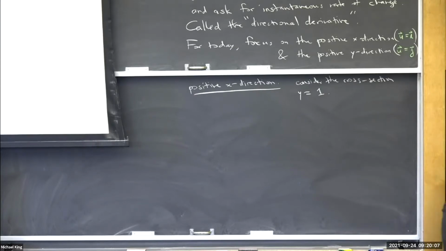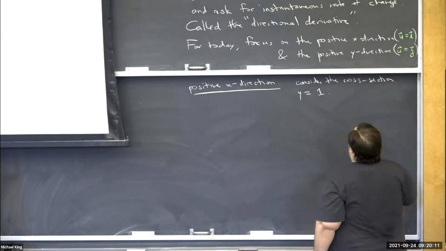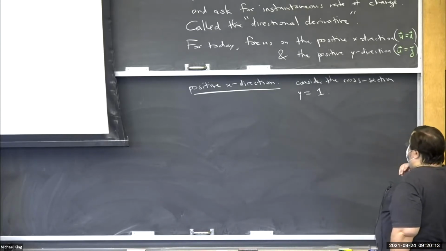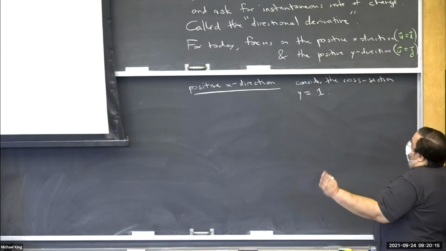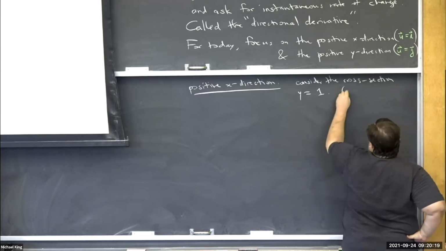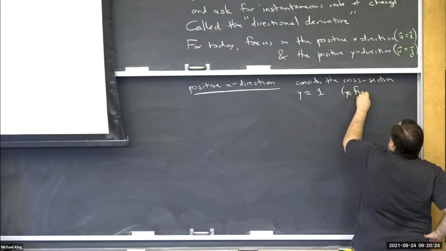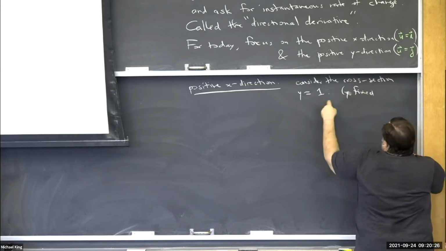Okay, so the cross section y equals 1. Right, that fixes y to be a specific value and then lets x change. So y is fixed, x changes. And I'm looking at the point (2, 1), so that's the slice I want.